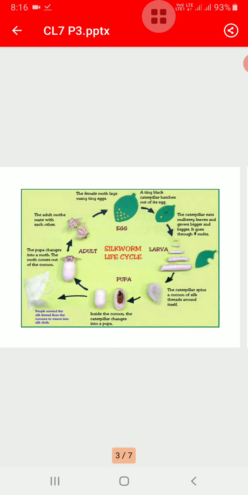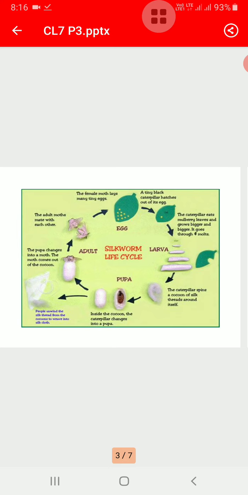It covers itself completely with this fiber to form a cocoon. At this stage, the larva is called a pupa. The pupa grows and changes inside the cocoon. A few weeks later, the cocoon opens and an adult moth comes out.